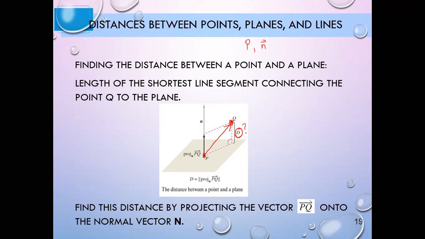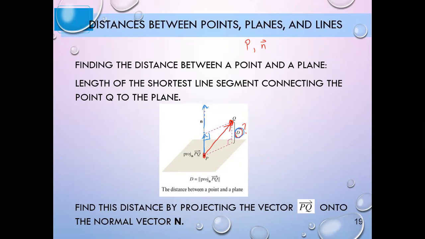Okay, here's the normal vector over here. If I project that onto the normal vector, do you guys see that that will actually be the distance? The normal vector is much bigger than that. It goes all the way up to here. Do you see that? But if I project that vector PQ onto the normal vector, I will get the distance. You see what I mean?